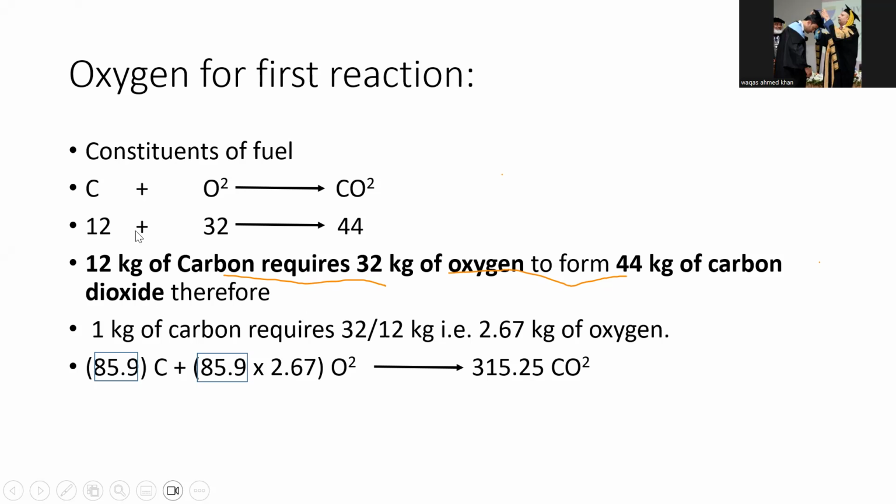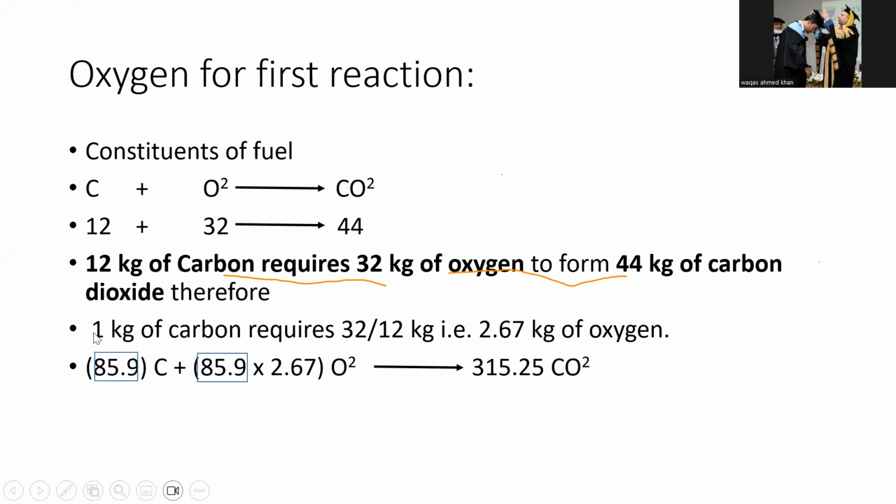Now, in our case, the carbon is not 12 kilograms. It's 85.9 kilograms, as the laboratory fractions tell us. So we have to apply the unity method to find the oxygen requirement for our case.